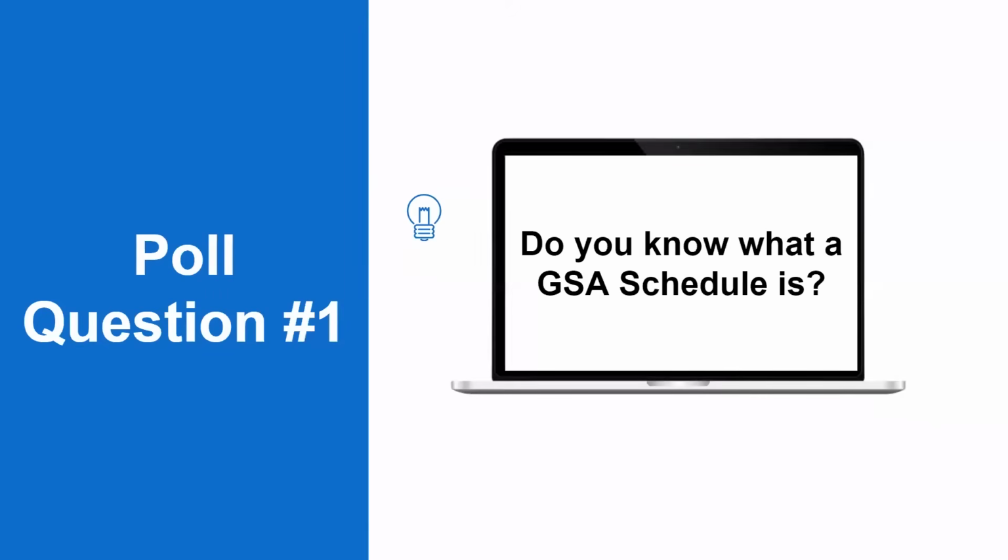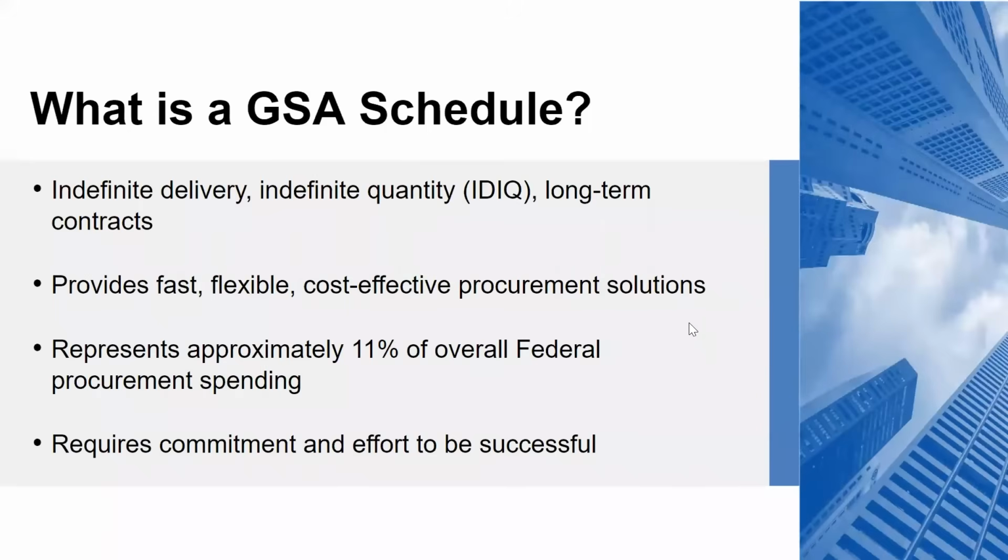It's really important that the other 38% understands what it is, so that when we start explaining the process, you can follow along. So what is a GSA schedule? Let's start with the contracting jargon.